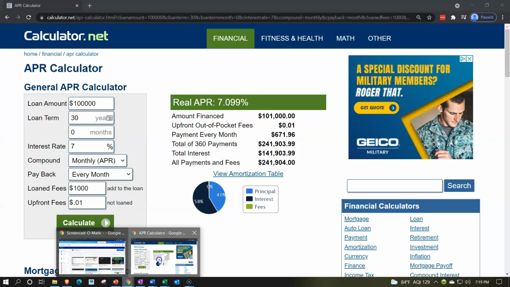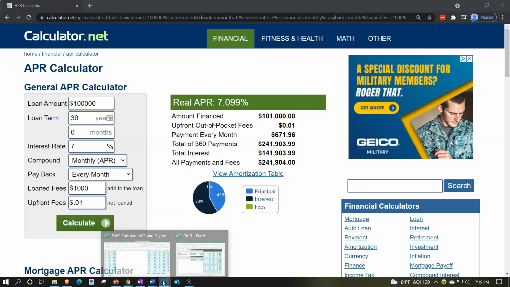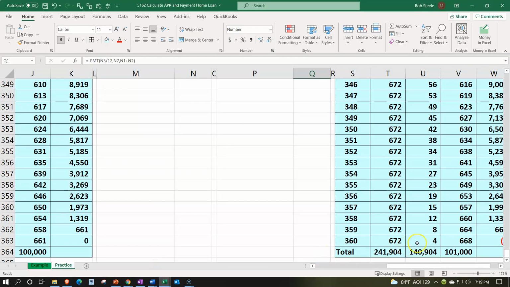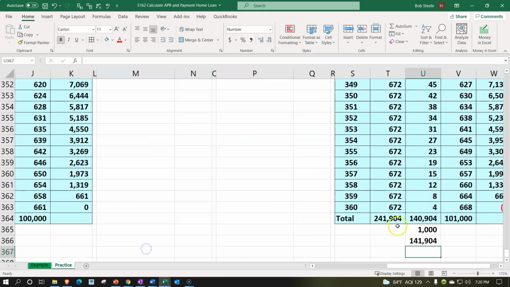And then the interest, the 141,903. And so the total interest, 141. I think they're including the fees there, all payment and fees. So I think that includes the fees. So if I had the interest we calculated plus the 141 that we have there.